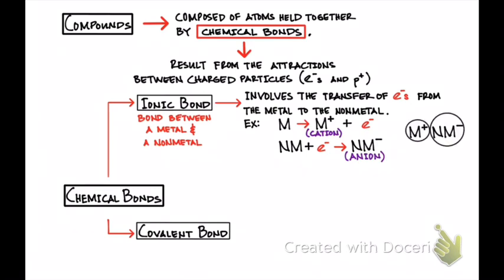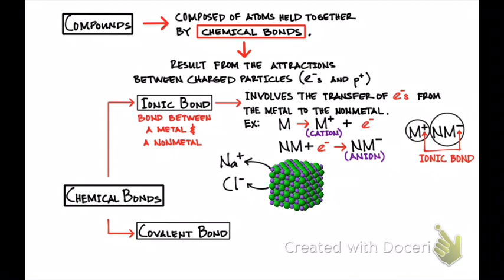So now we have a positive charge and a negative charge, a cation and an anion, interacting via electrostatic interactions, because you have a positive and negative charge. This is what they call electrostatic interaction, which is what an ionic bond is, essentially.